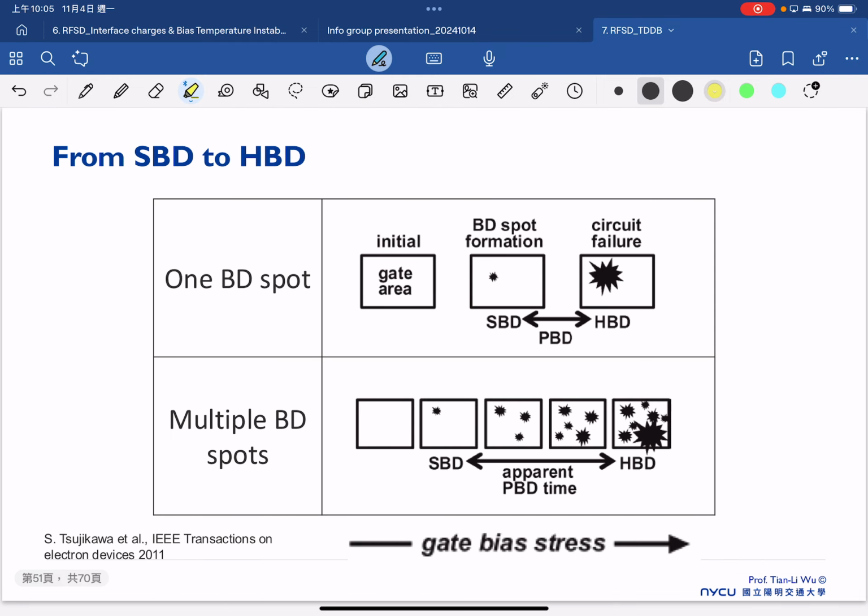And the reason we have the soft breakdown, then hard breakdown, and our device does not immediately have the hard breakdown, is because the breakdown spot is gradually formed. It takes some time. For example, in the first case, initially we have a very perfect gate dielectric. Then at some moment, we start to form a small breakdown spot, and that gives us the first conducting path.